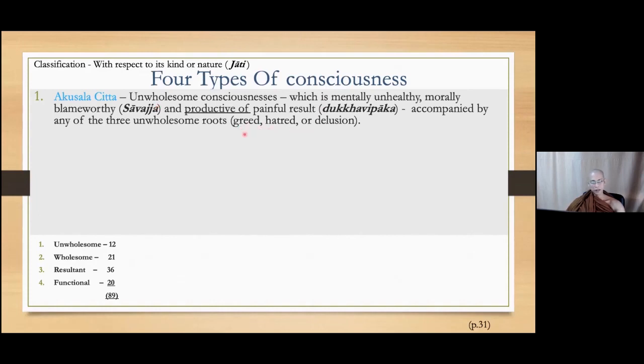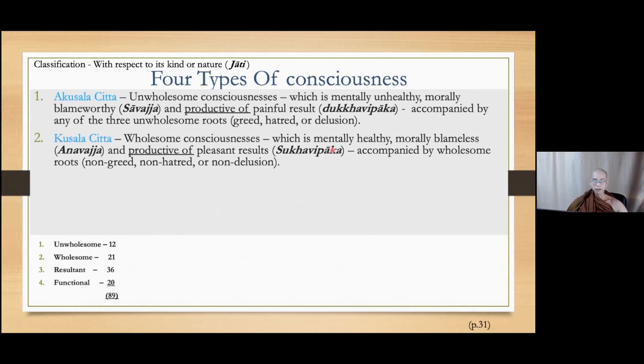When you find the root greed, you can identify this is unwholesome. And when you observe that type of consciousness, it has the characteristic of mentally unhealthy, morally blameworthy, and productive of painful result. Hatred and delusion are the same. So this is the first type of consciousness according to the nature.